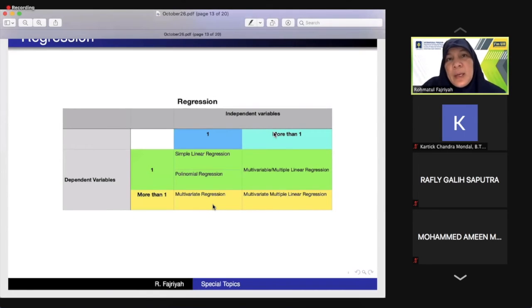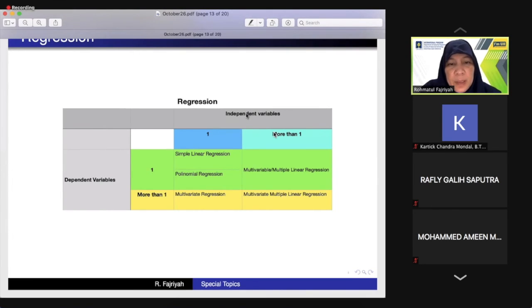Because in regression we are dealing with independent and dependent variables, you also have to be aware of these kinds of regression. If there is only one independent variable and only one dependent variable, you have simple linear regression or polynomial regression.